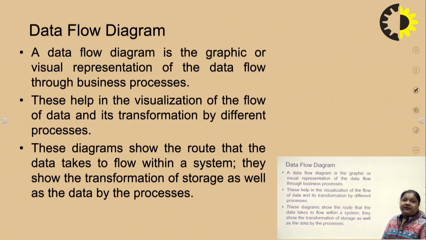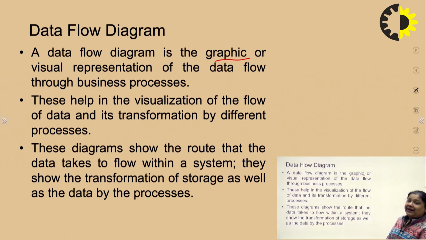So the first model that we are talking about is the data flow diagram. A data flow diagram is the graphic or visual representation of data flow through business processes. We can easily explain in detail what type of process we are going to follow, through graphical representation.